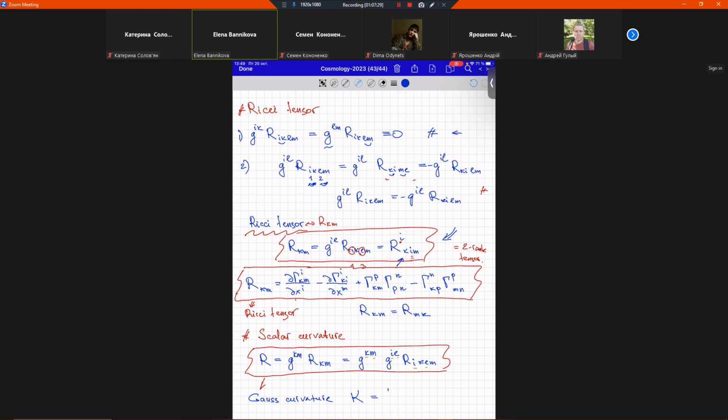I think it should be like this: scalar curvature divided by 2. So the Gauss curvature we are also using for describing the curvature of the surface, and the scalar curvature corresponds to the Gauss curvature due to this factor.